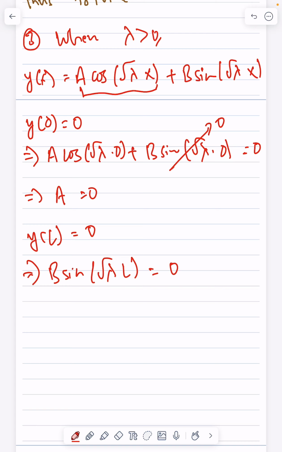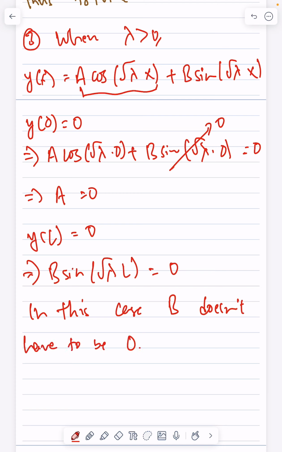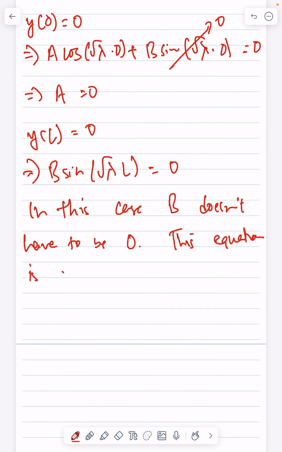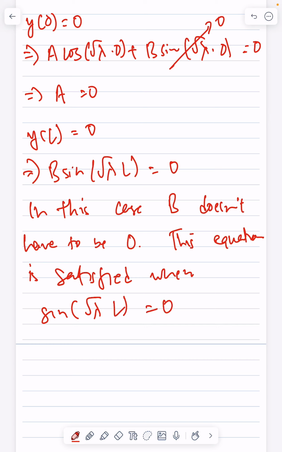Now in this case b does not have to be 0. This equation is satisfied when this sine is 0.